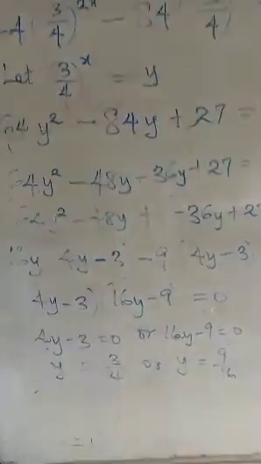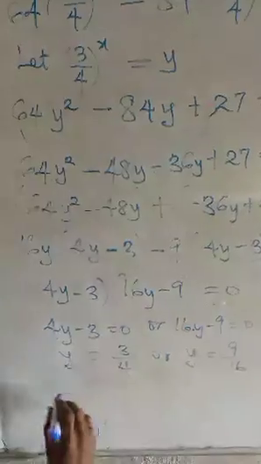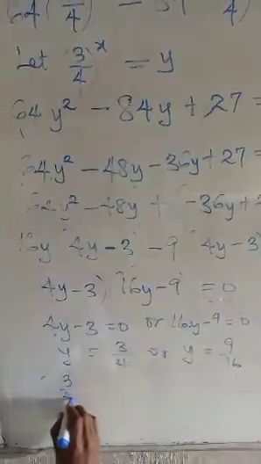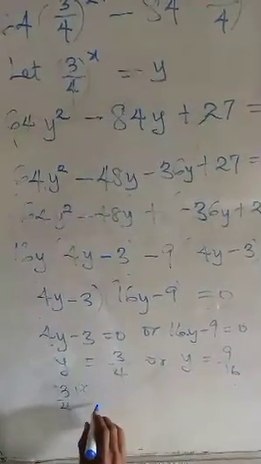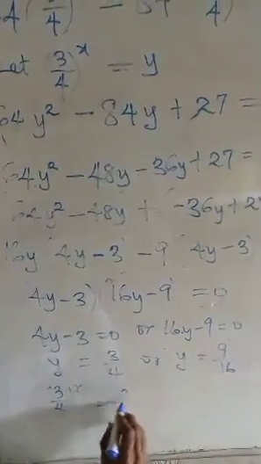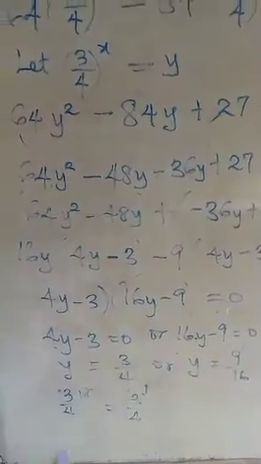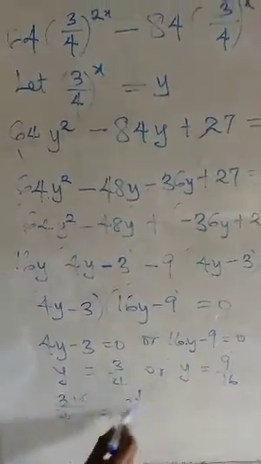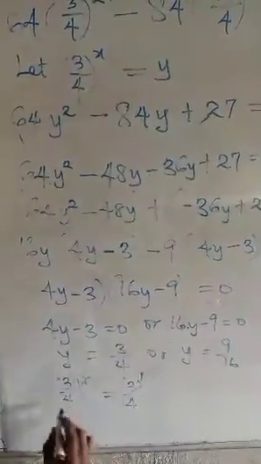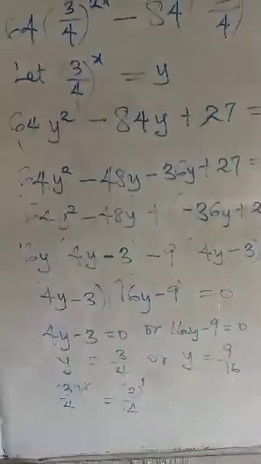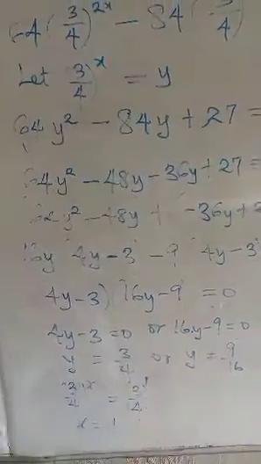Now don't forget, y is equal to 3 over 4 raised to power x. So 3 over 4 raised to power x is equal to 3 all over 4 raised to power 1. So this implies that x is equal to 1 here.